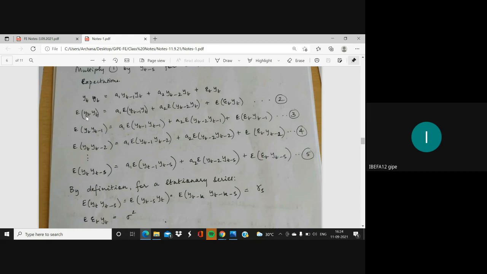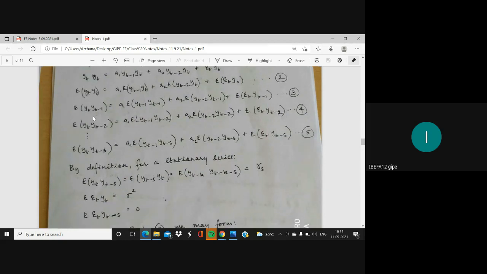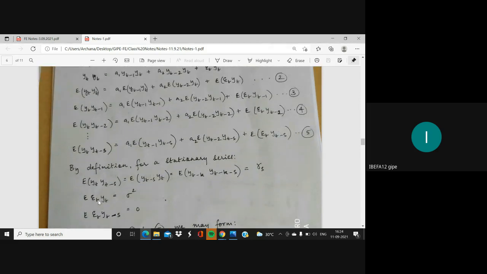Now if you take expectation yt, this is nothing but the variance of yt. Okay, so you get gamma 0 here. Then here this is the covariance between yt and yt minus 1. So you get gamma 1 here. This is what is shown here.